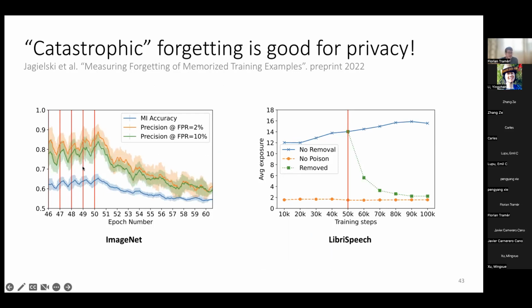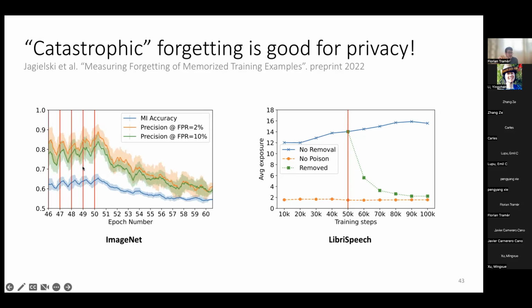On the left, we have an experiment on ImageNet, where in every epoch up to epoch 50, the model sees a specific training example, and we measure membership inference precision and accuracy on this specific example.